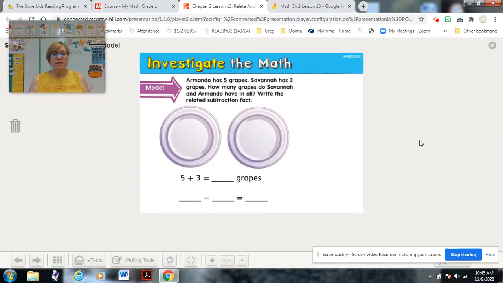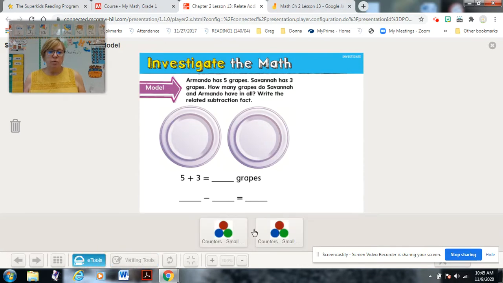All right, let's try this investigation. Armando has 5 grapes. Savannah has 3 grapes. How many grapes do Savannah and Armando have in all? And then they would like us to write a related subtraction fact. Okay, so I always like to do counters, because I think it helps us.